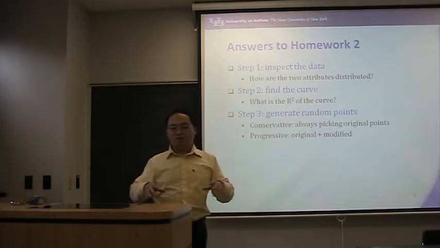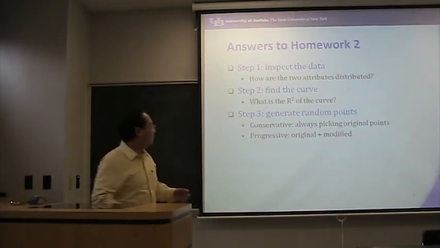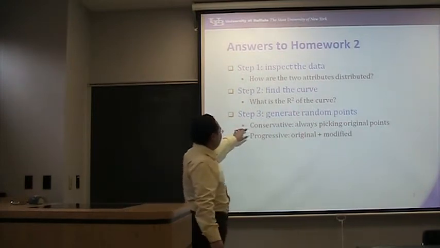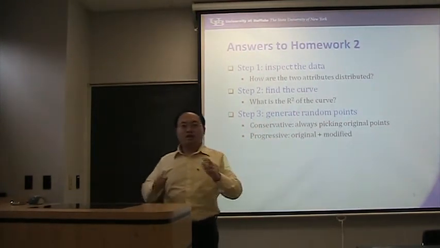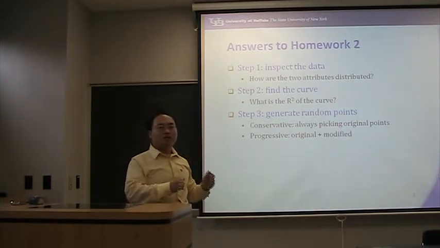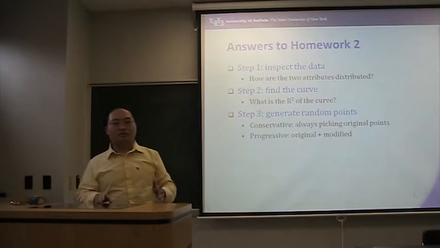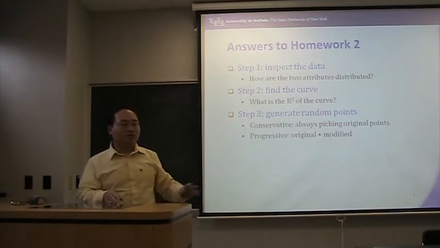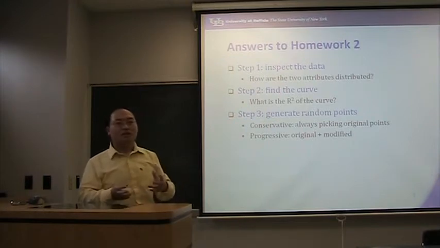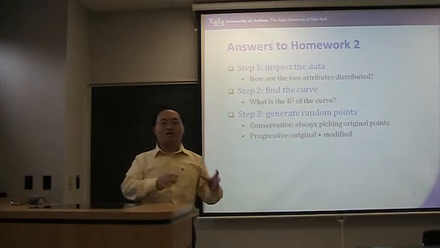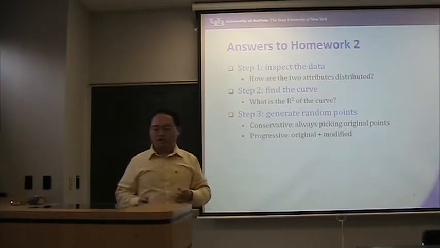And that will make the world very boring, right? So in this conservative way, no matter how many points you are going to generate, they are always old points. But this is safe. It's safe because all the attributes are collected from the survey, and you can say that they are all correct. Like they won't be unrealistic.